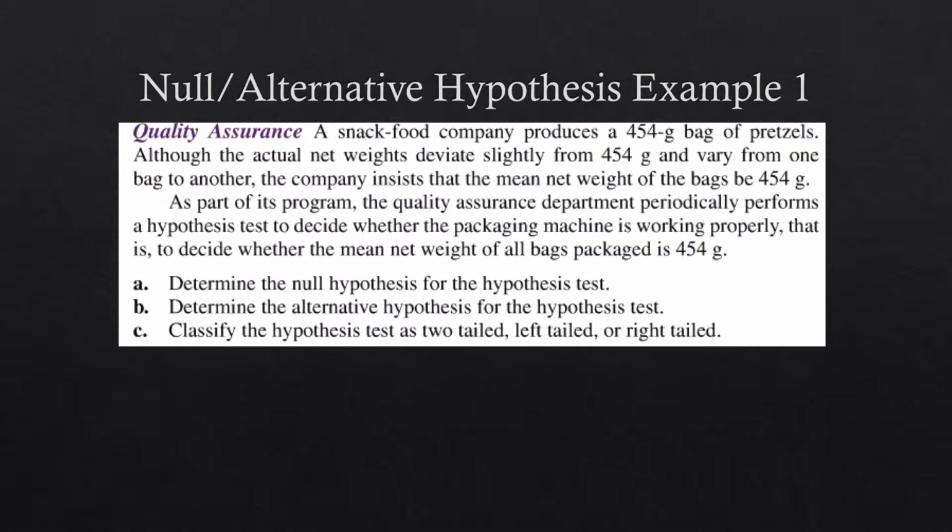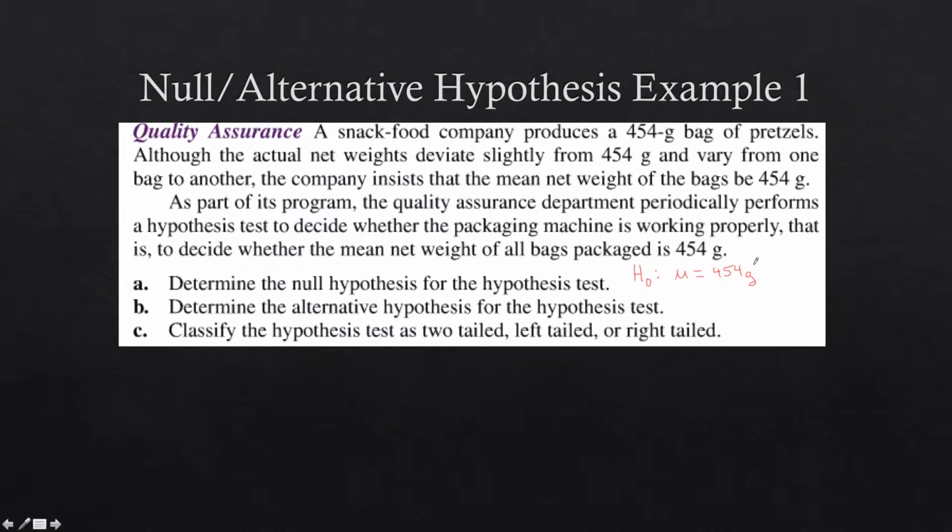Alright, so letter A. Determine the null hypothesis for the test. Well, what is the mean? The mean is 454. So our null is going to be written h sub 0: the population mean equals 454 grams. That would be our null hypothesis. Now, for this particular test, what would be an alternative?